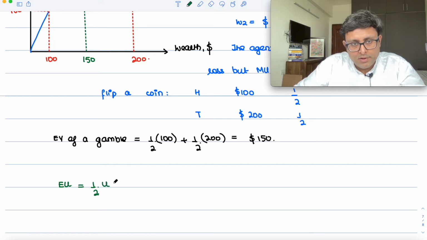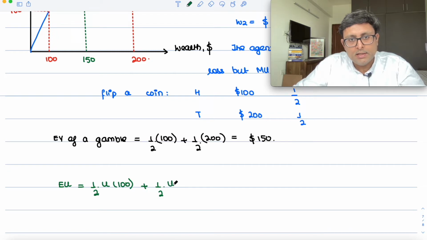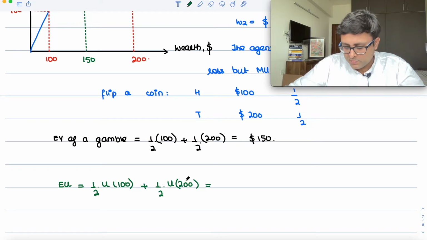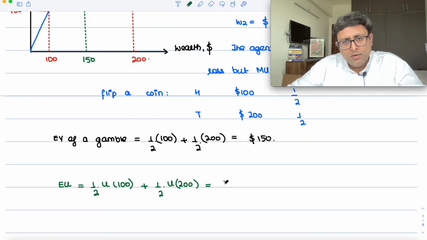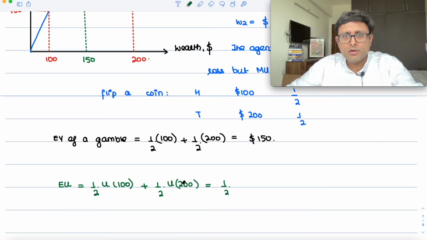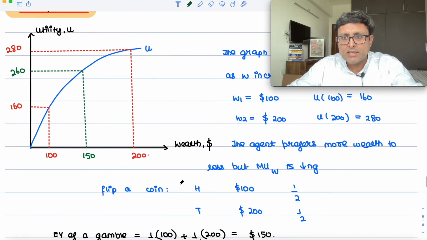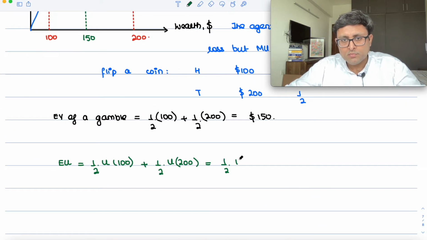You will be getting $100, and the utility which you derive from $100 is U of 100. With probability half, tail is going to come. You'll be getting $200, and the utility which you derive from $200 is U of 200. You have already plugged these points. So U of 100, I think you have assumed to be 160, and U of 200 as 280.